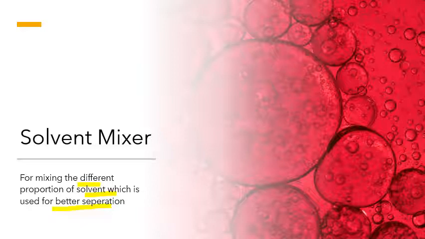In the gradient we use more than one concentrated solvent. So the solvent mixer helps in making the differently concentrated solvents for mixing, which is useful for better separation.